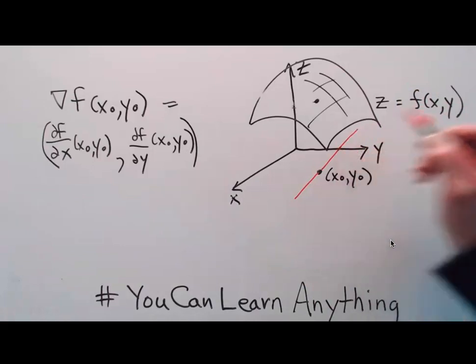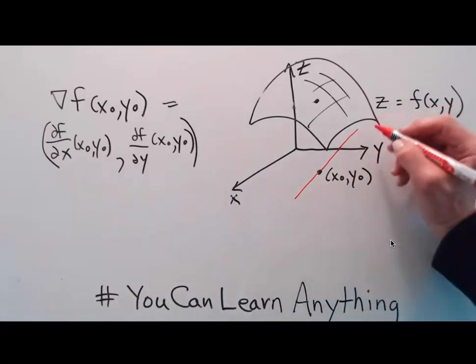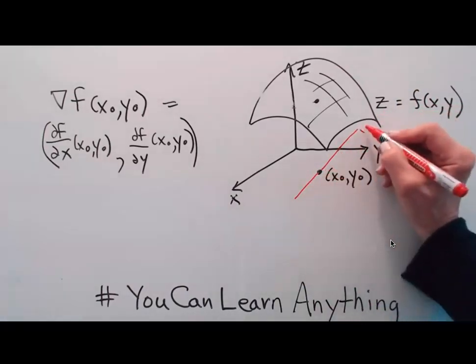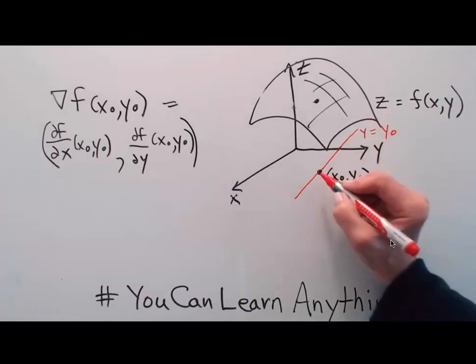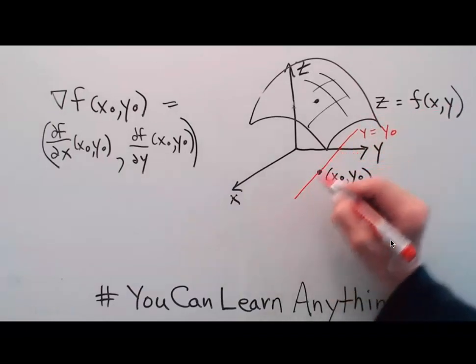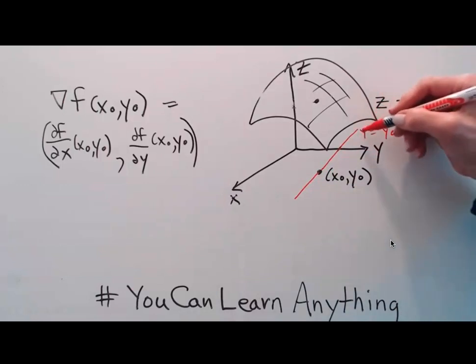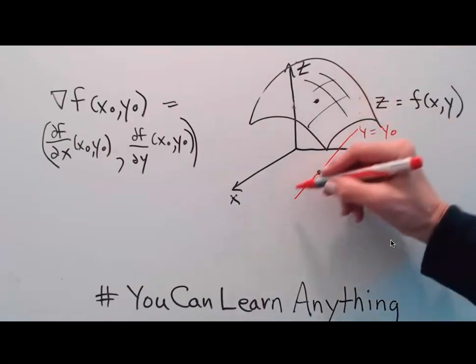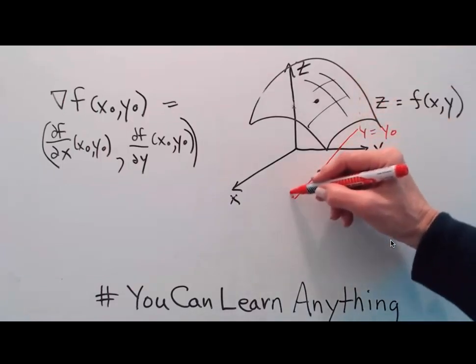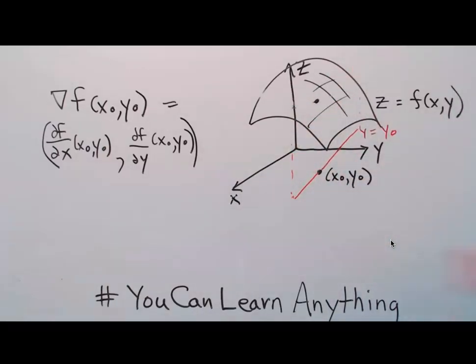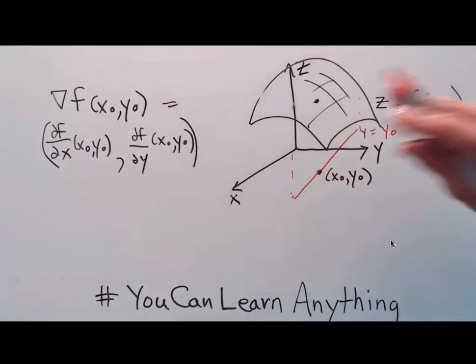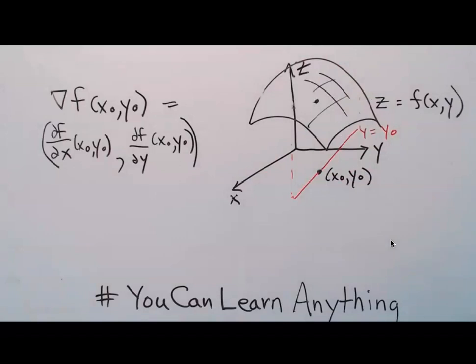This line is actually y equals y0, because we're freezing y but letting x vary. Now we can also extend this upwards and get a plane that's parallel to the xz plane, but I don't want to clutter up my picture too much.